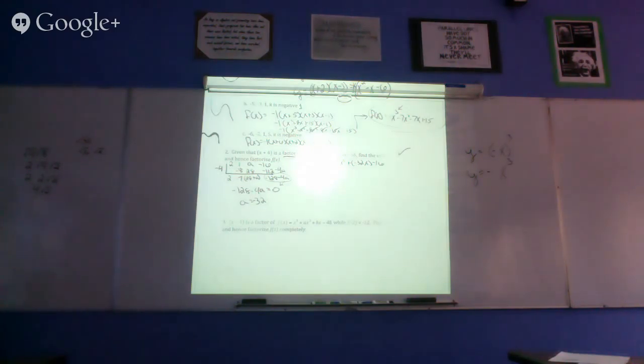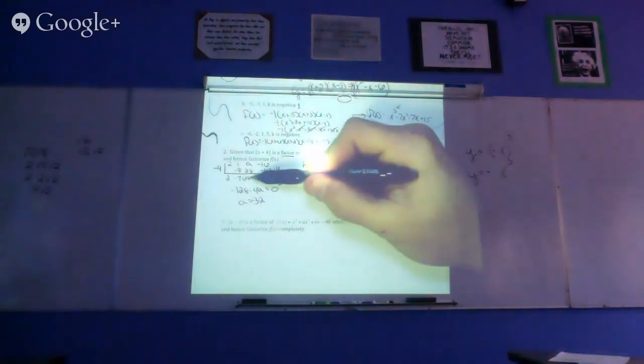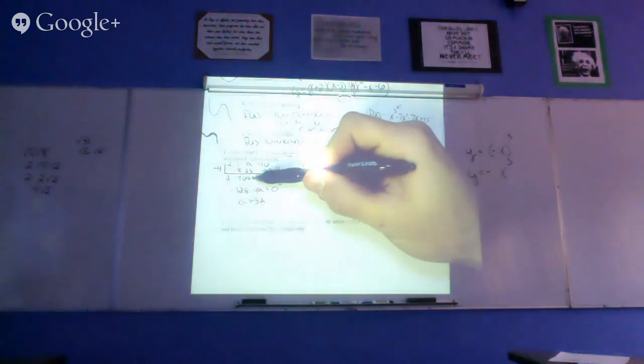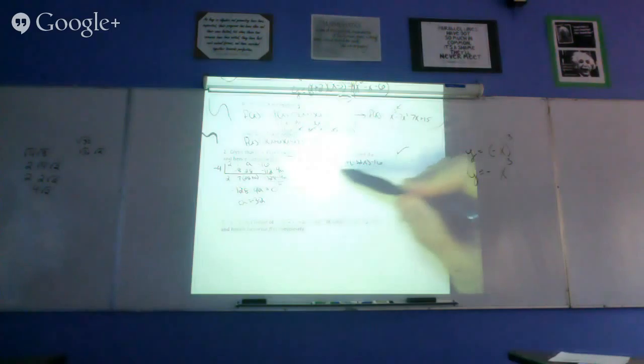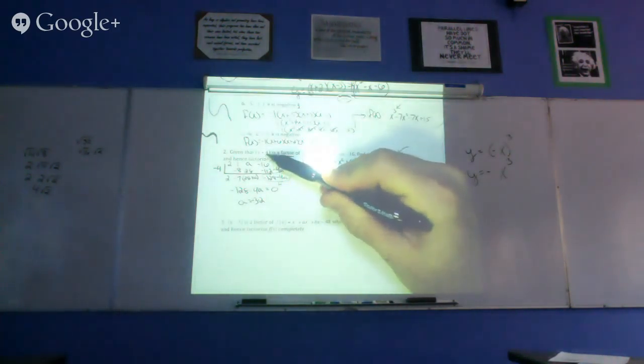Now, if I go back, I could look at my synthetic substitution, or I can do it again. If I plug this -32 in here, this also gives me my coefficients. So I could take these coefficients and do my synthetic substitution again with -4.